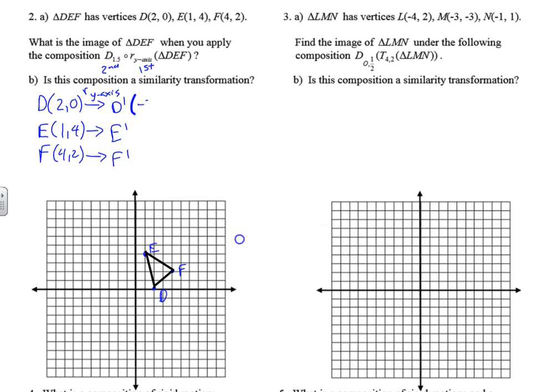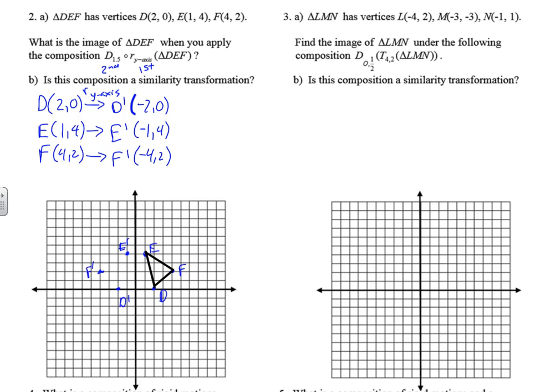So it's going to be (-2, 0), (-1, 4), and (-4, 2). In other words, F would be (-4, 2), and D would be (-2, 0). So that'd be D prime, E prime, F prime.